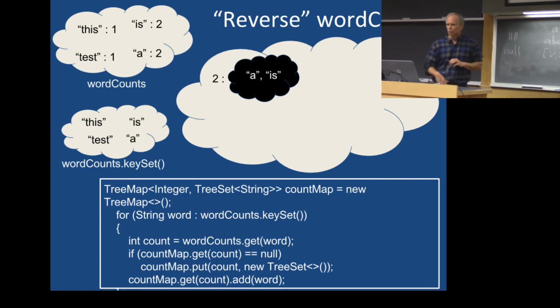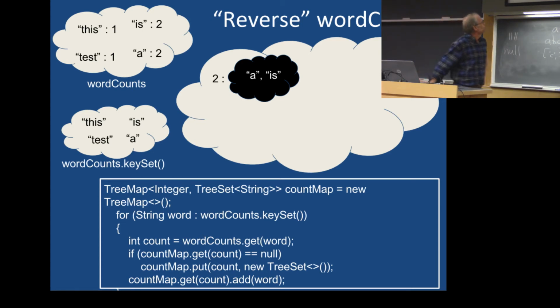Now, next time through the loop, we've got test, let's say. What's going to happen? The if statement will execute, so it creates a new cloud with 1 as the key.